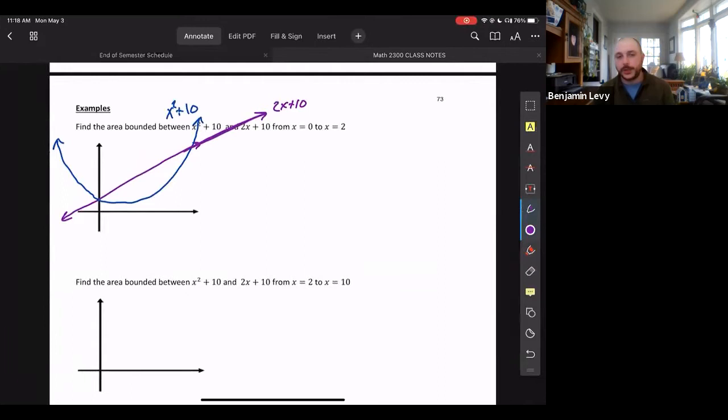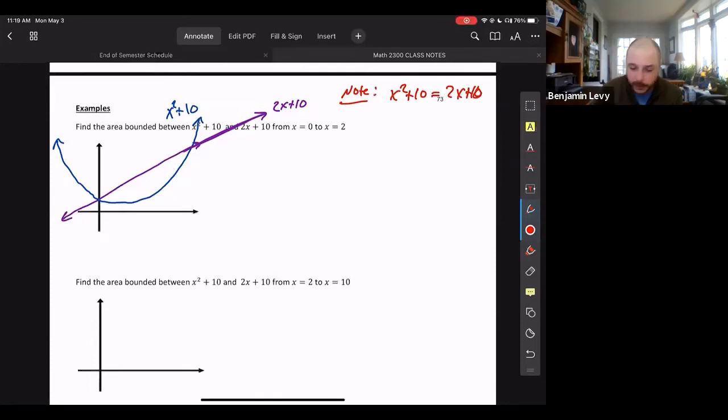The reason I chose these numbers, 0 to 2 and then 2 to 10, is because those happen to be the intersection points. If you wanted to know where those two things intersected, you would set them equal to each other. If you take the two equations and make them equal, you figure out the x values that make them the same.